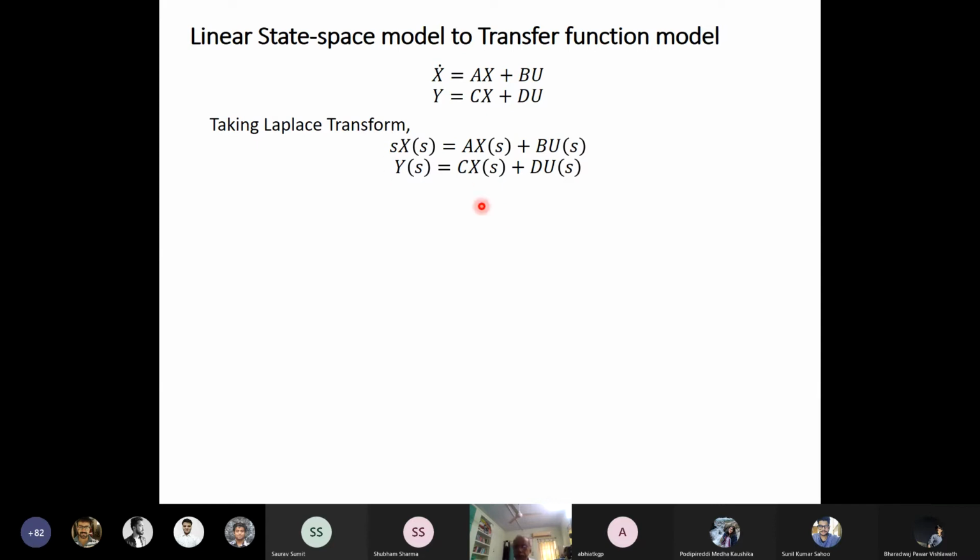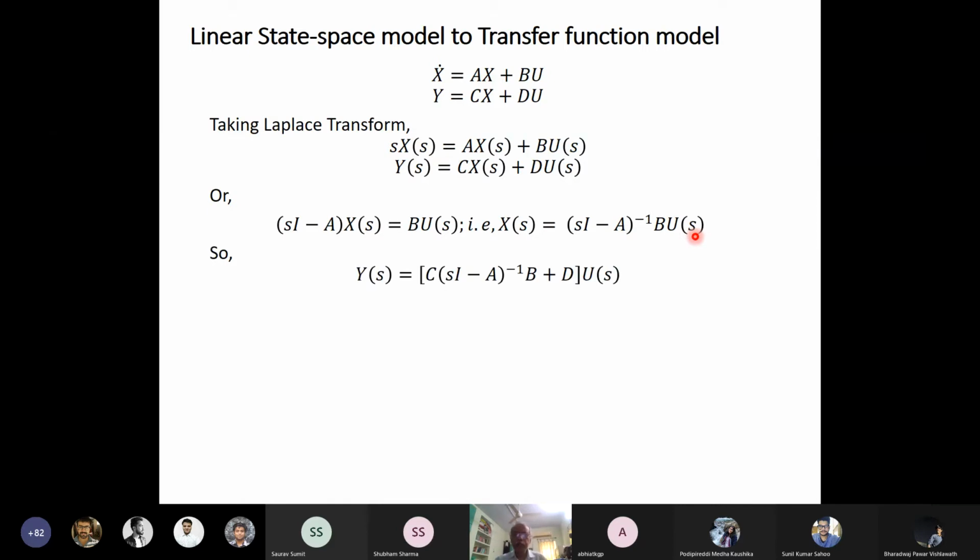If I do algebraic manipulations on this, I put this term over here: (sI minus A)X(s). I have to use the identity matrix here because these are all in vector matrix form. So (sI minus A)X(s) is equal to BU(s), which means X(s) will be (sI minus A) inverse times B times U(s).